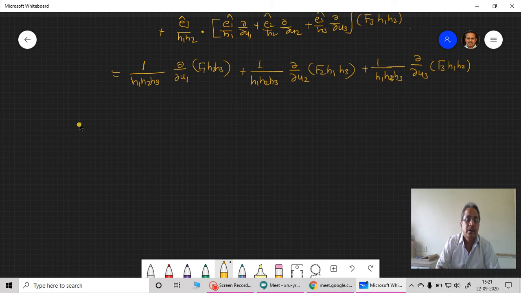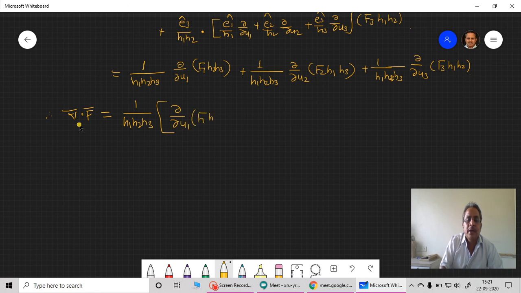Therefore, del bar dot f bar is equal to, the divergence of a vector point function is given by this equation. Now H1 H2 H3 is common in all these three terms, so 1 upon H1 H2 H3 times ∂/∂U1 of F1 H2 H3.